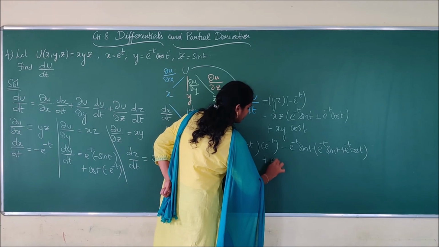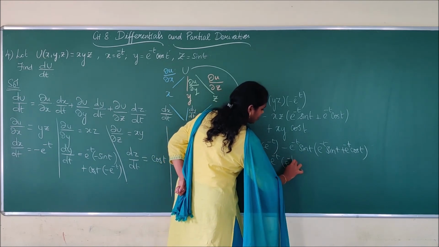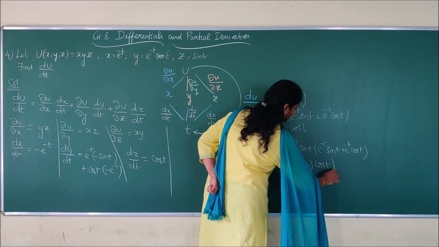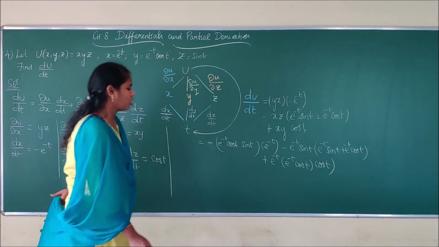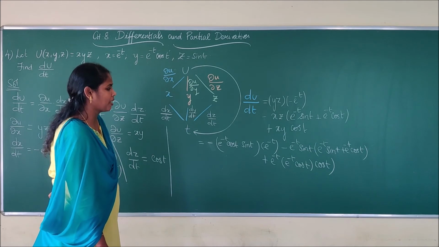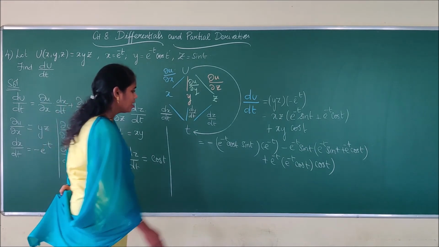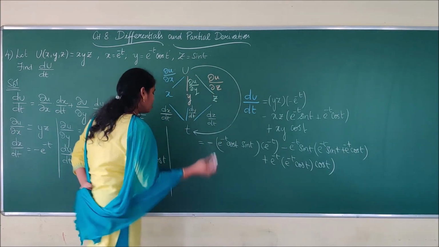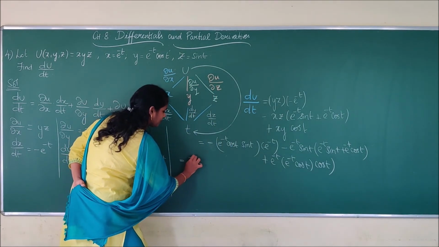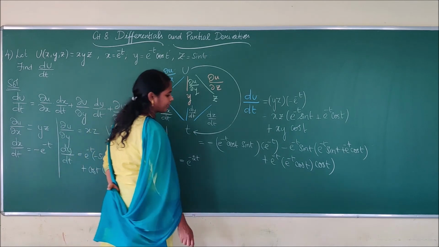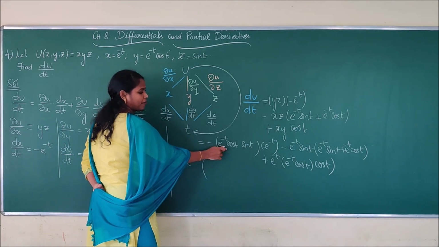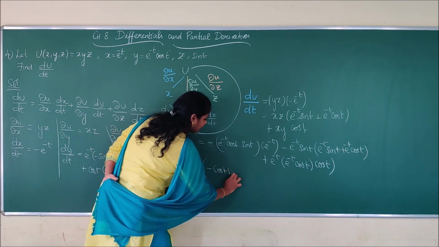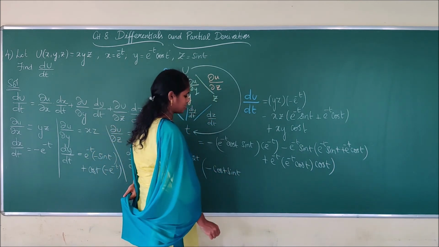Let's solve e power minus t into e power minus t cos t into cos t. You have to simplify this. I have e power minus t common in every term, that is e power minus t twice, so I will be getting e power minus 2t. I can take e power minus 2t in common from every term. If I take e power minus 2t out, I will be getting minus cos t sin t here, and here I get cos t sin t.